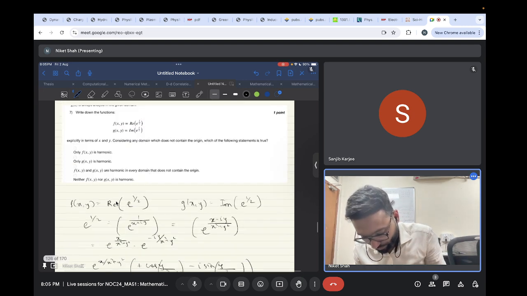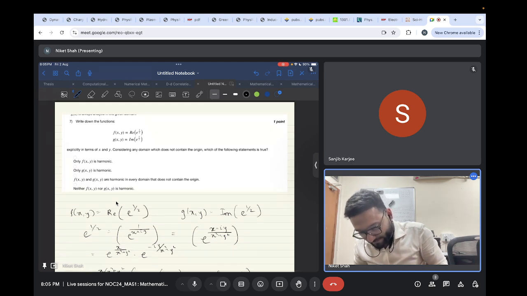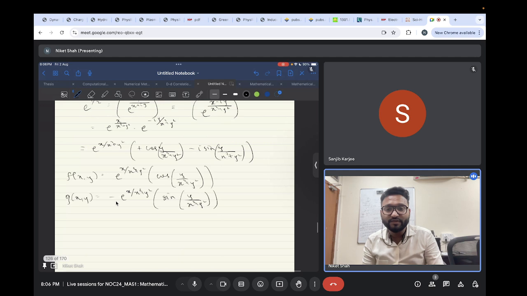Okay, so now what I have to prove is, consider any domain which does not contain the origin, and prove the statements whether it's harmonic or not. So to prove harmonicity, we know that we just have to make it satisfy Laplace's equation.